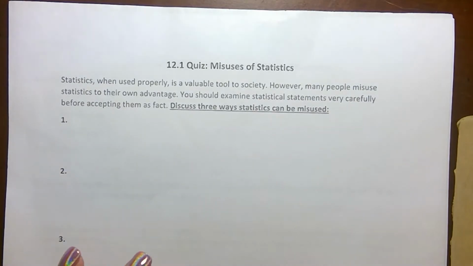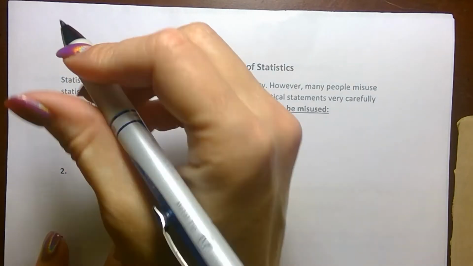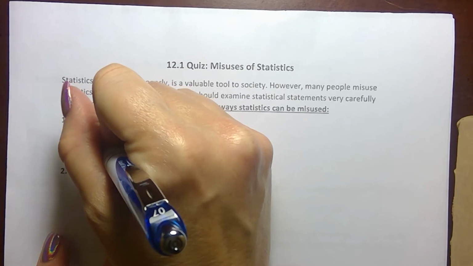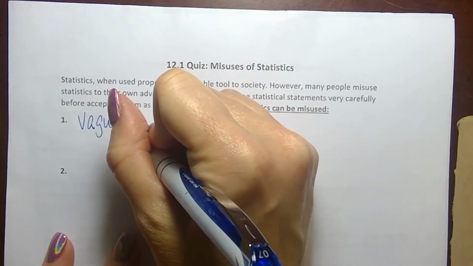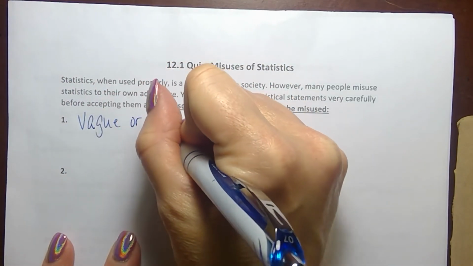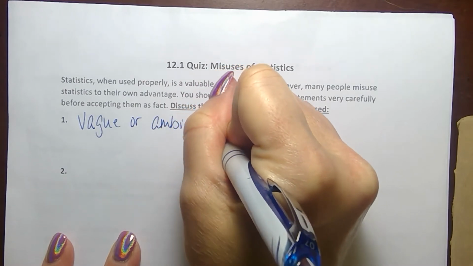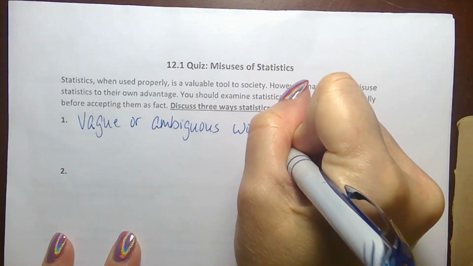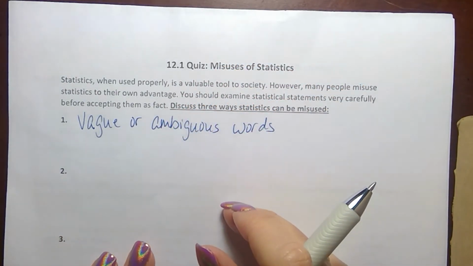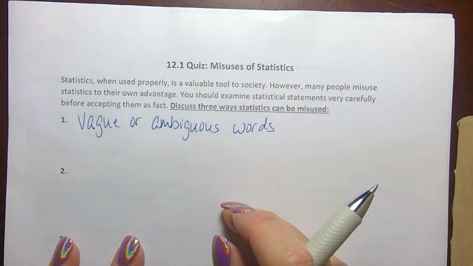Here are 3 different ways that statistics can be misused. Sometimes you will see that statisticians use vague or ambiguous words. They give you feeling statements, perhaps.